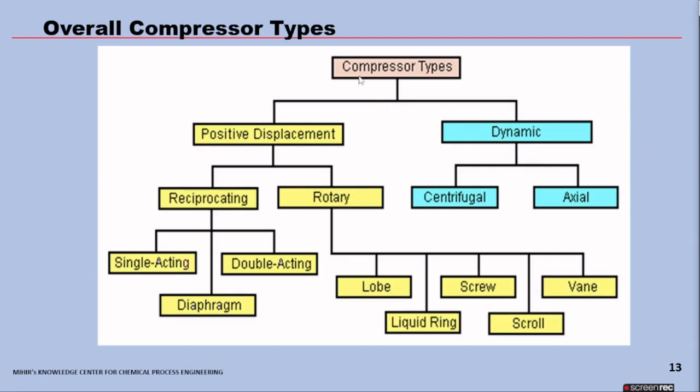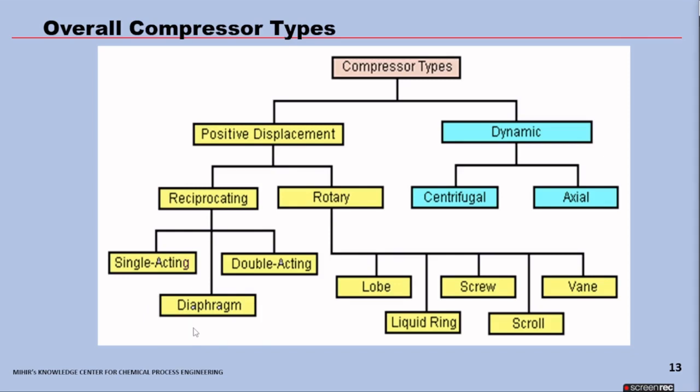So here one can see on the left you have positive displacement compressors where you have reciprocating and rotary. Under reciprocating you have single acting, double acting and diaphragm type, which is a very specialized type of compressor used for very high pressure services.